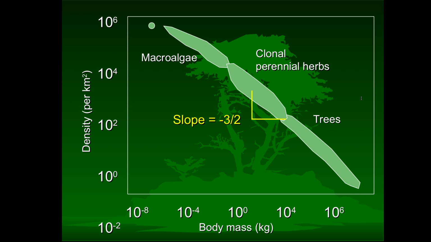Interestingly, the slope of this curve turns out to be around -3/2 in a wide variety of different plant species and growth forms: macroalgae, colonial perennial herbs, trees. Why the slope should be the same across the board is not understood at all, but nevertheless, it's a very useful relationship.